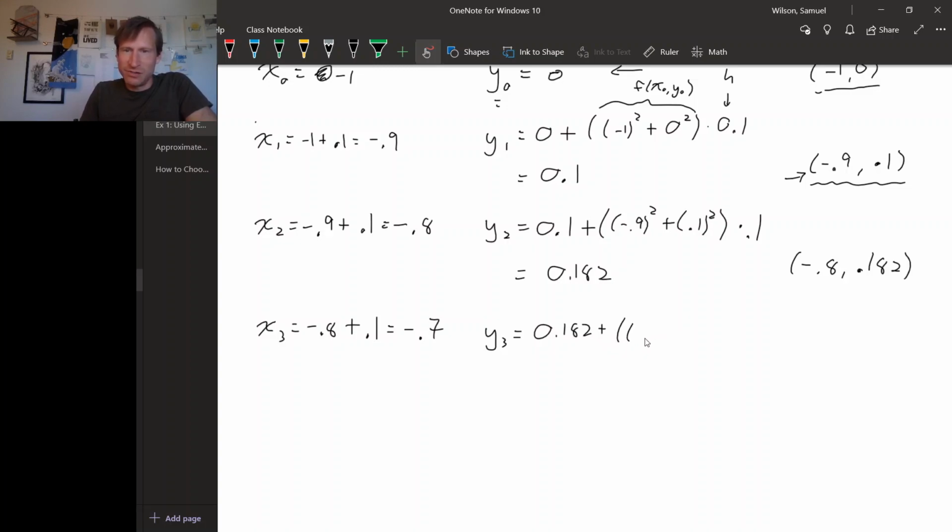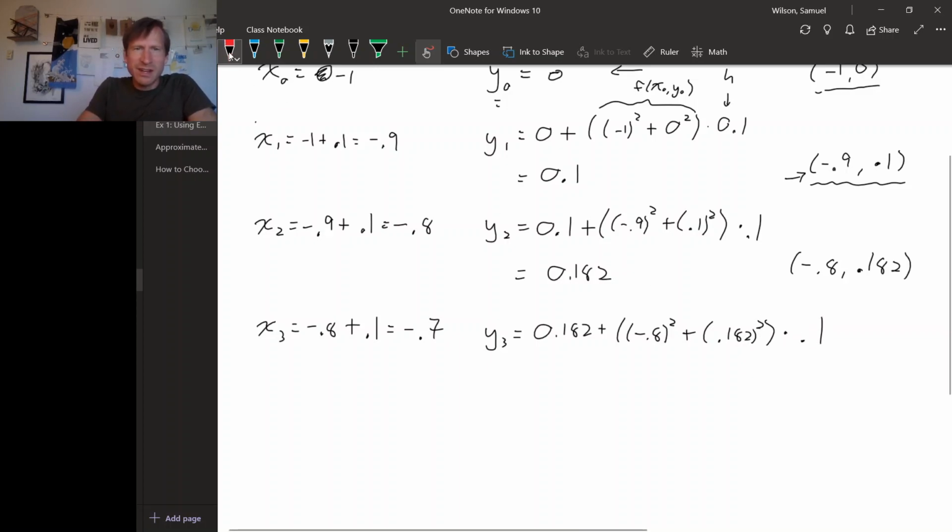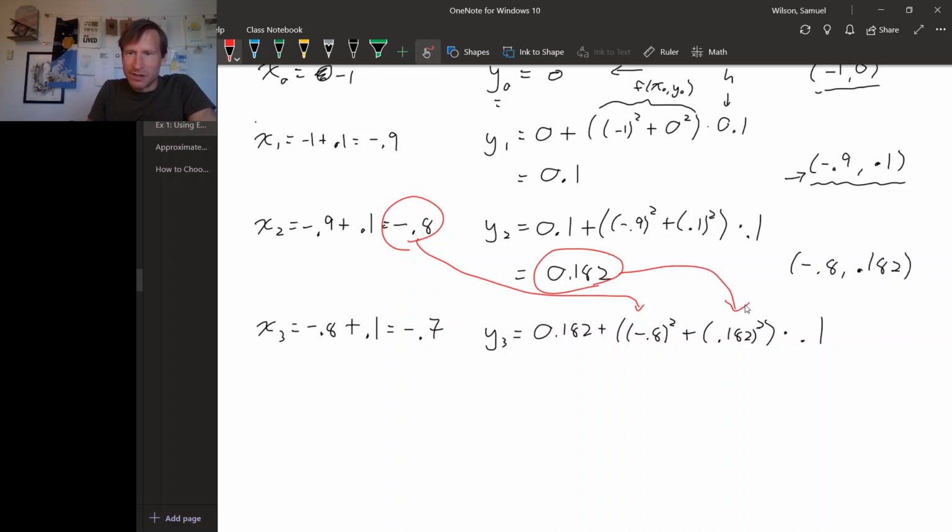So the x value squared, minus 0.8 squared, plus 0.182 squared, and all of that times 0.1. Notice that we're using the previous x value here and the previous y value. It would be a mistake to use our new x value that we just found. So don't accidentally use that when finding your subsequent y value.